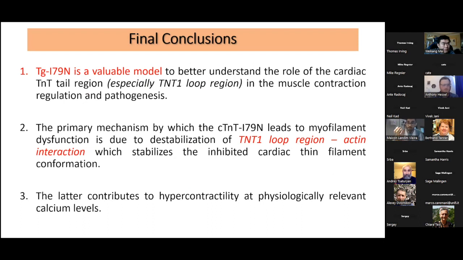The primary mechanism by which this variant leads to myofilament dysfunction is destabilization of this troponin T1 loop region and actin interaction, which we now know stabilizes the inhibited cardiac thin filament conformation. And lastly, this will contribute to hypercontractility at physiologically relevant calcium levels.